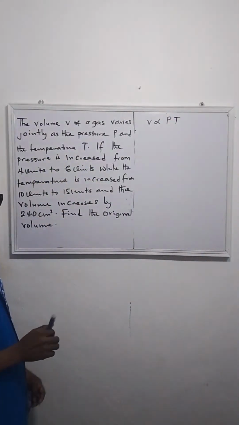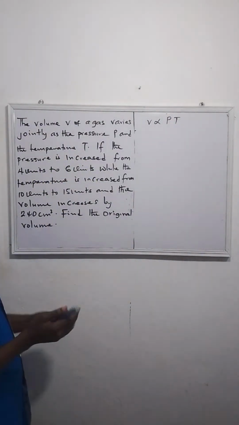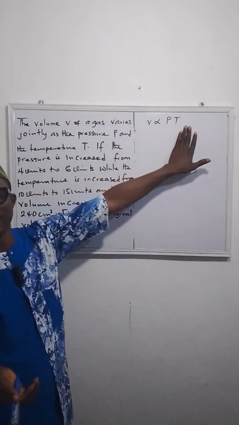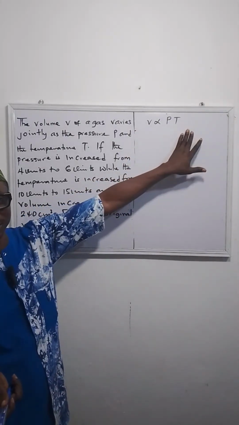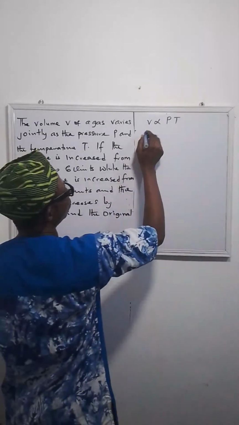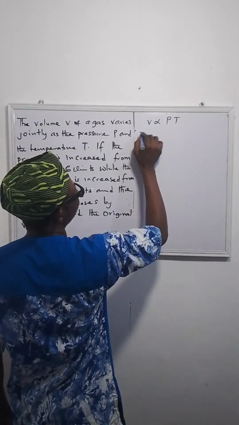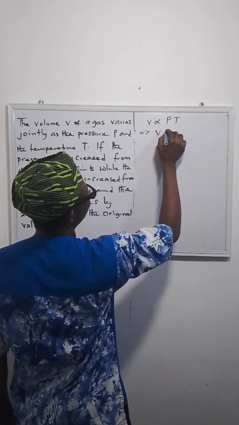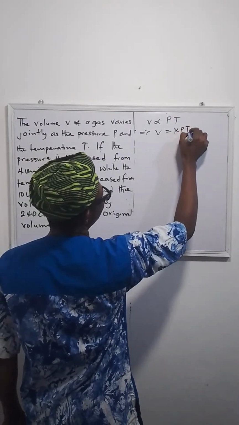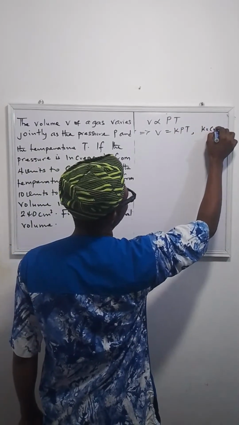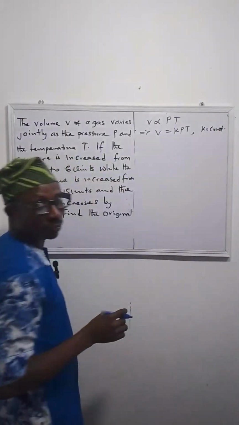All right, do you get that? Okay, good. So now once you have the variation, the next thing is to introduce the proportionality constant. So now this turns to V equals to KPT, where K is a constant. I hope you get that.